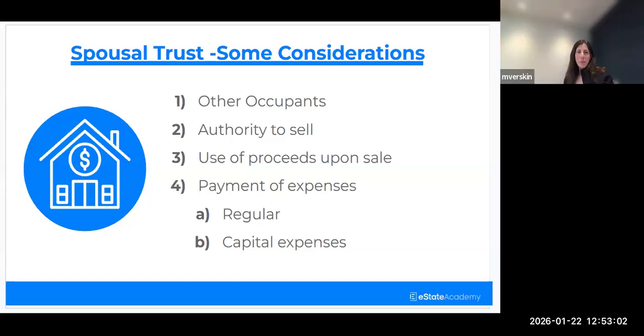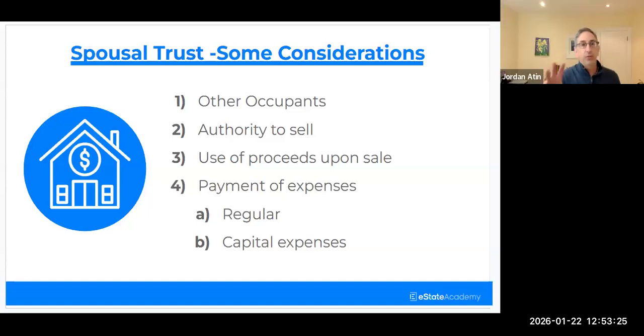That spouse is probably a contributor, but they're really paying something for their own benefit. No one else is benefiting, and there's no income that's earned. So I wouldn't think that would be an issue. But again, if there's ever any doubt, it's cleaner for it to be paid by the trust. In that situation, I don't see that there would be a problem.